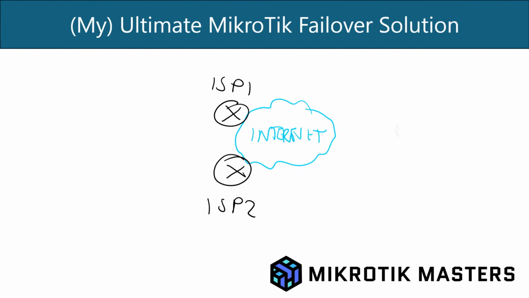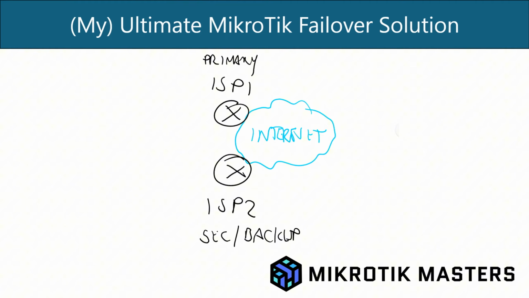This is going to be our ISP1 and ISP2. ISP1 is going to be a primary connection, and ISP2 is going to be our secondary or backup. This is very much primary backup.